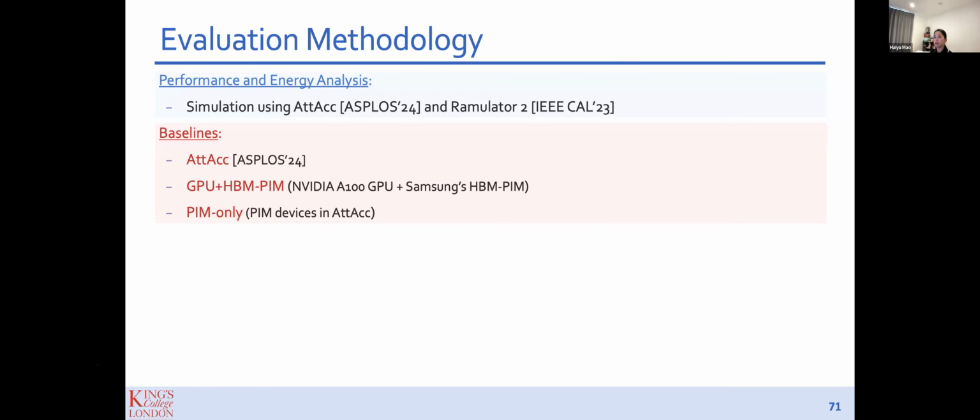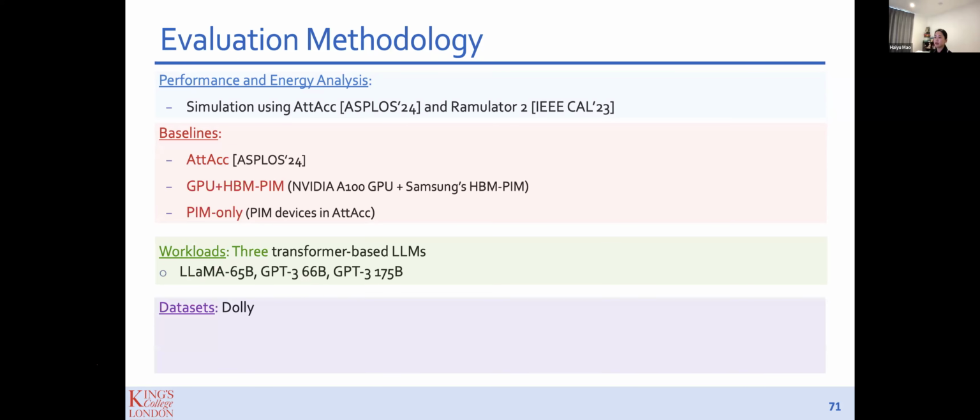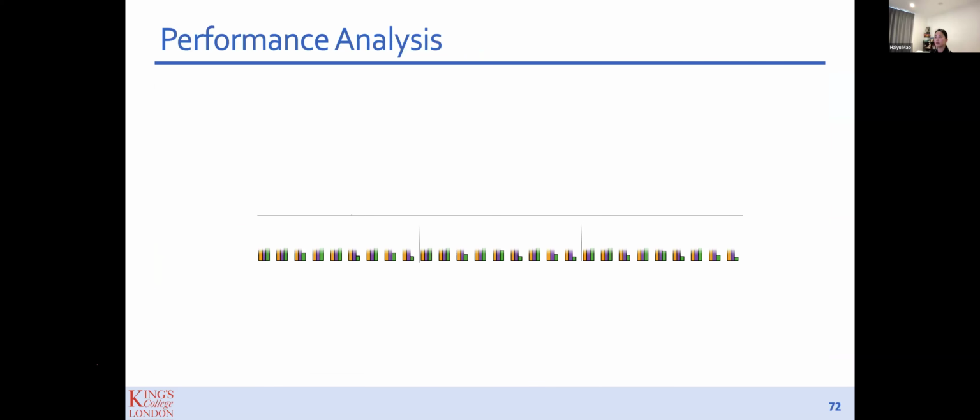Also, we compare with the PIM only, where we use only the PIM device in the ATT-ACC. For the workloads, we use 3 transformer-based large language models, and the datasets are Dolly, creative writing tasks, and general QA tasks.